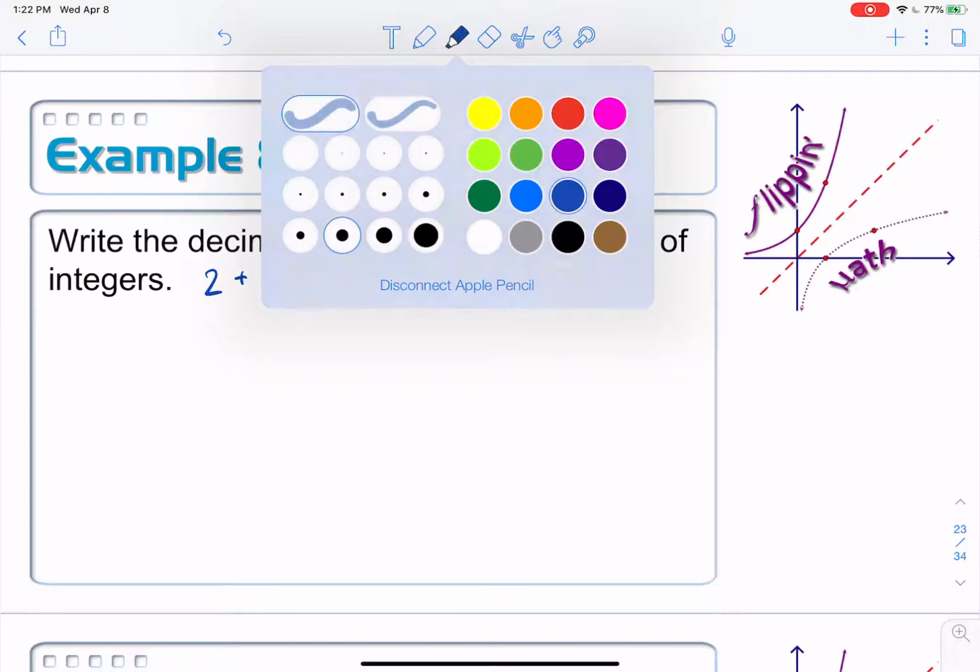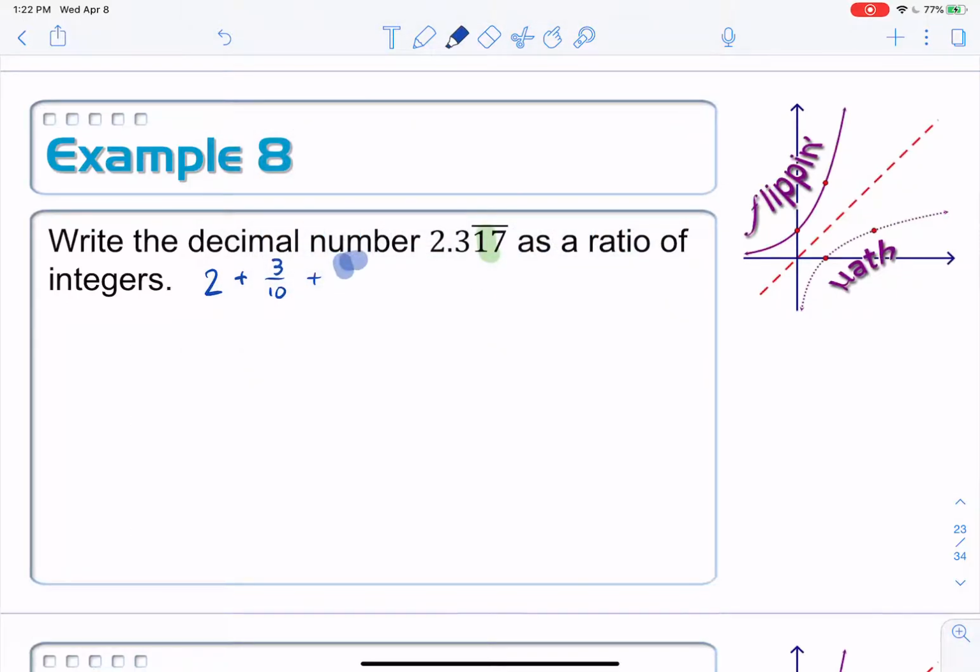Okay, so this 17 is over, well, what place value is that going to be? I've got basically 3 of those decimals. That's thousands place. I'm going to write that as 10 to the third.